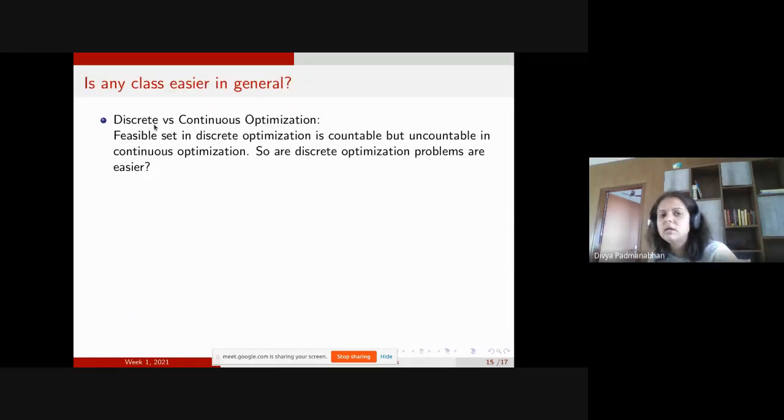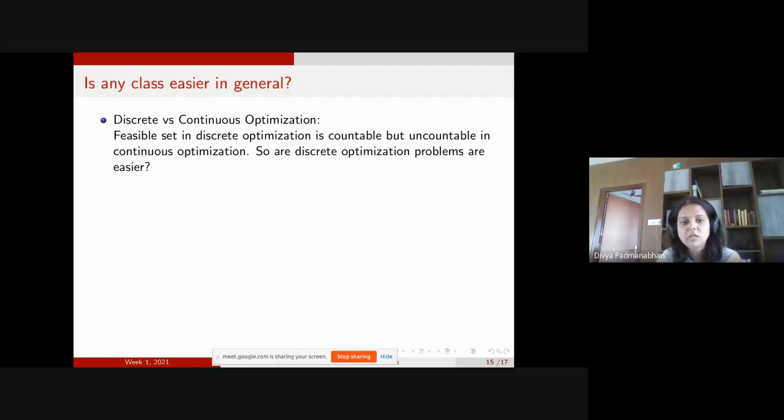Now, we got a feel of the hardness of problems. So is any particular class easier than the other? If you look at discrete and continuous optimization problems, in continuous optimization all the variables lie in some band, for example x_ij between 0 and c_ij. That was one example we had. And if you see the feasible set, that is an infinite set.